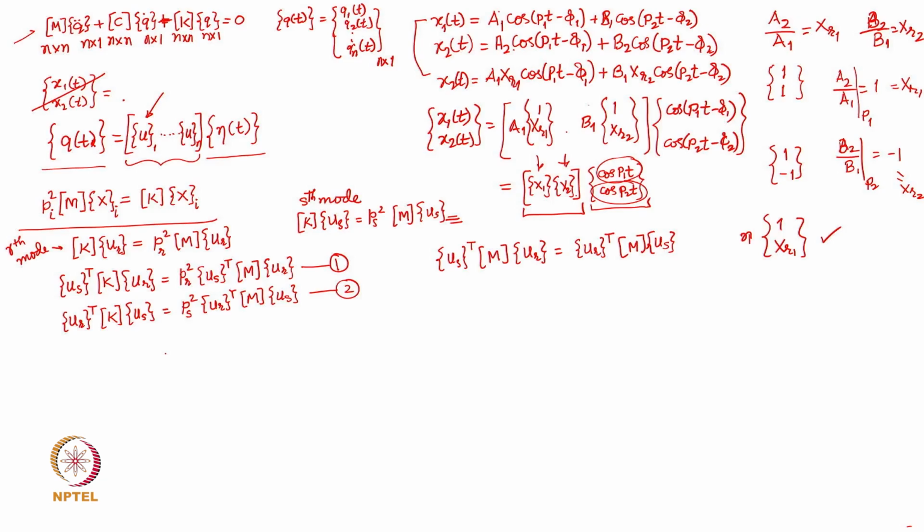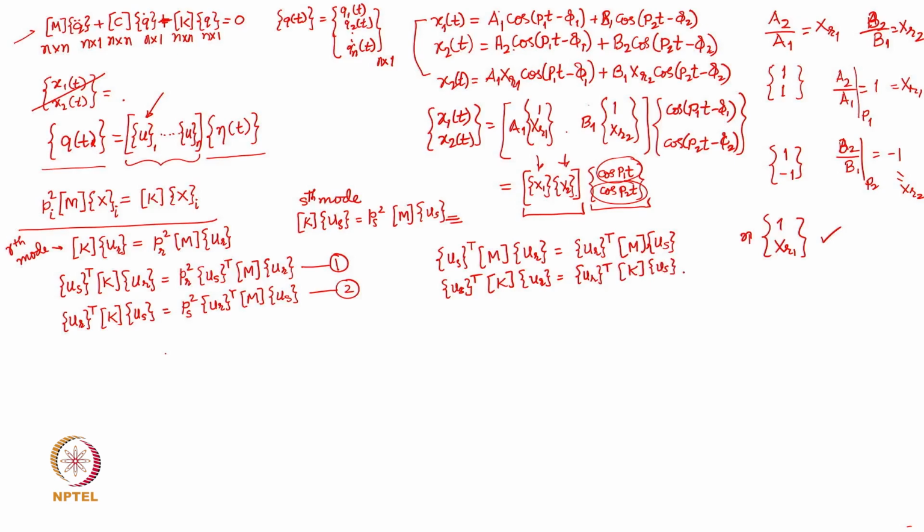It is quite straightforward to show that this is true for mass and stiffness matrices, because of their symmetry. Similarly for the K matrix, UR transpose K US is equal to US transpose K UR.